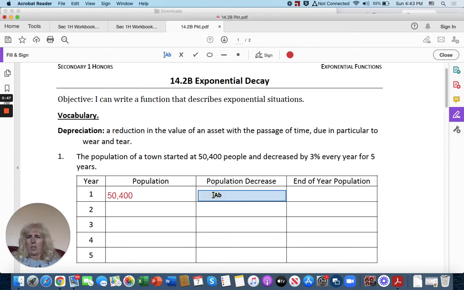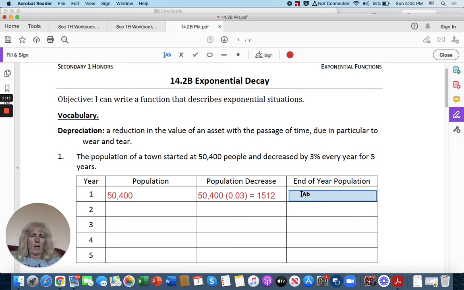Okay, so our decrease was that same 50,400 times, what was the decrease? It was 0.03, or basically 3%. And when you figure that out on a calculator, it equals 1512.